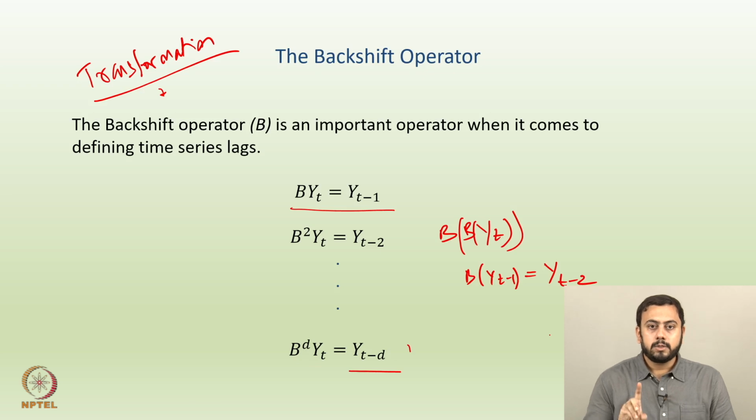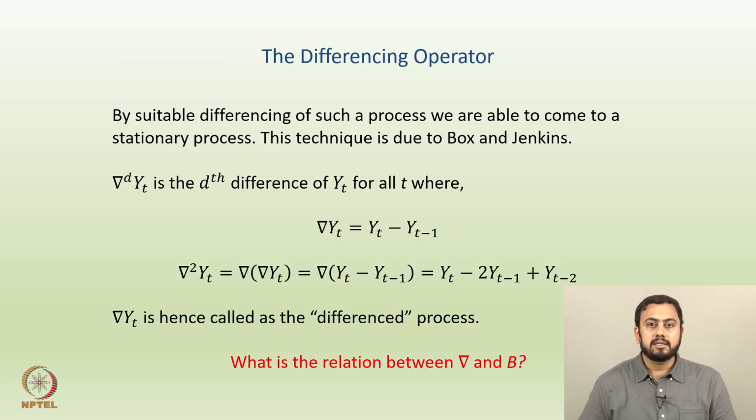So, this is our first operator, and the second operator, which is slightly more important, is called the differencing operator. The idea is that by suitable differencing of any non-stationary process, we are able to convert that process to a stationary process. By the way, this technique was due to Box and Jenkins.